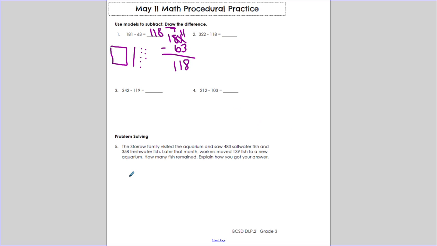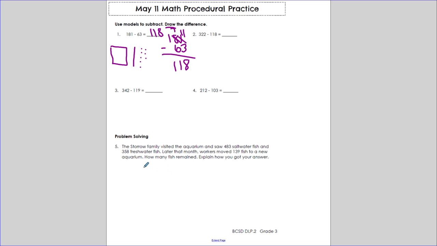All right, number 5. The Starr family visited an aquarium and saw 483 saltwater fish and 358 freshwater fish. Later that month, workers moved 139 fish to a new aquarium. How many fish remained? Explain how you got your answer.